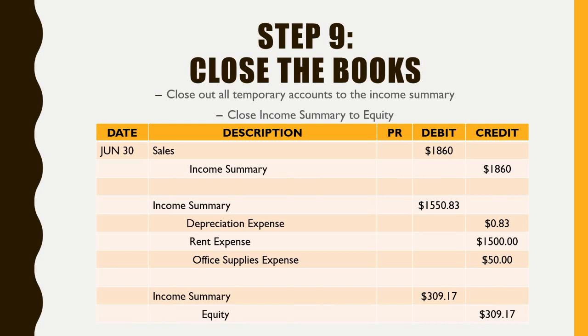So make sure you guys understand that every single company has a specific type of means to reflect equity. Okay, so in this case, we're going to close out our revenues to our income summary and close out all of our expenses to income summary, and then we close out our income summary to equity. Okay, so that's what this exact journal is here.